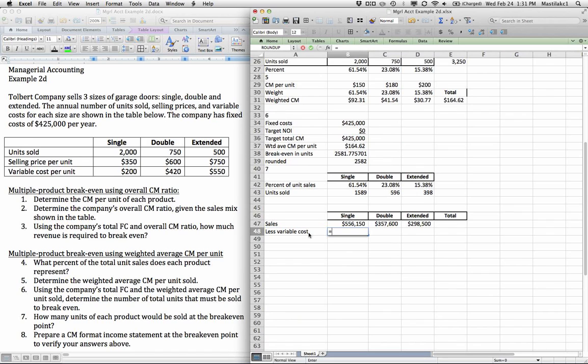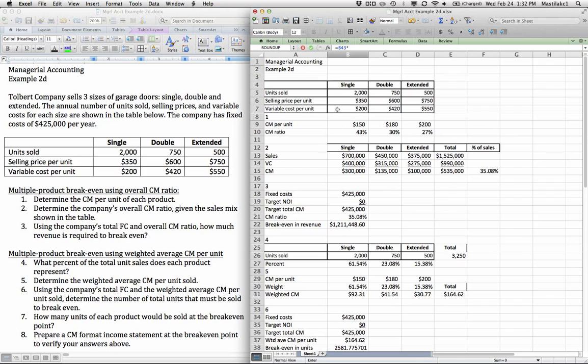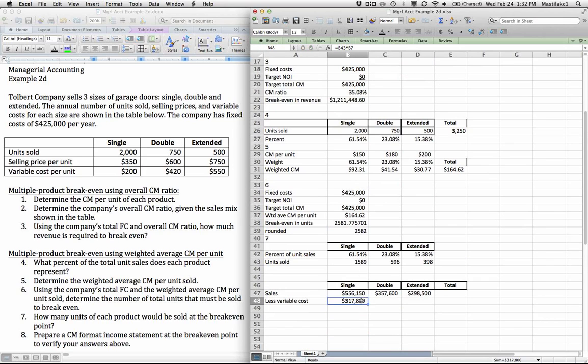Same thing with variable cost, 1,589 units times the variable cost per unit. And we can drag those across as well. And our CM is going to be the difference between selling price and variable cost.